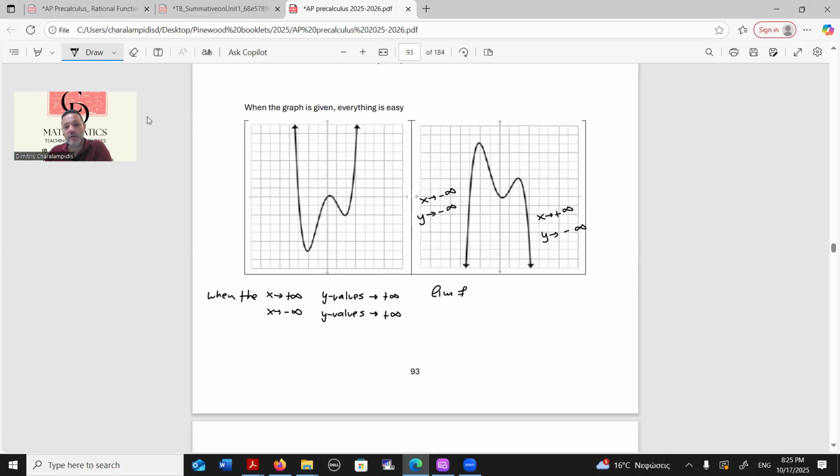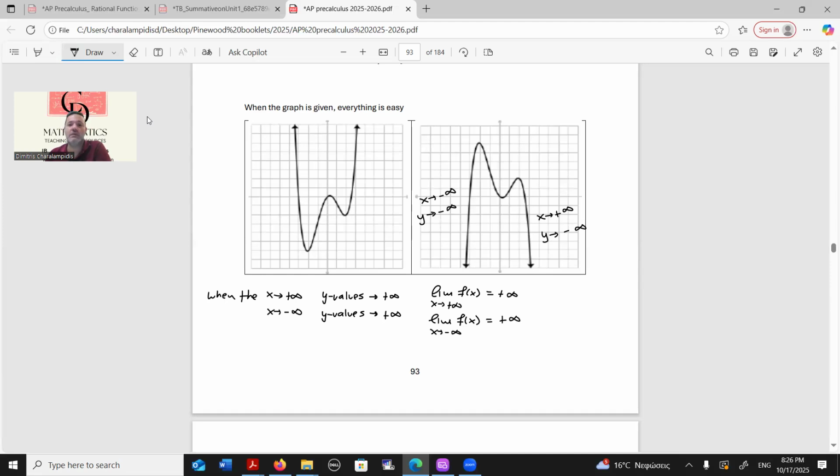Limit of f of x, so the tendency for the y values, that's what it means, when x approaches plus infinity, as we keep moving to the right, is plus infinity. Similarly, limit of f of x, we still refer to the one at the left, when x goes to minus infinity is plus infinity.